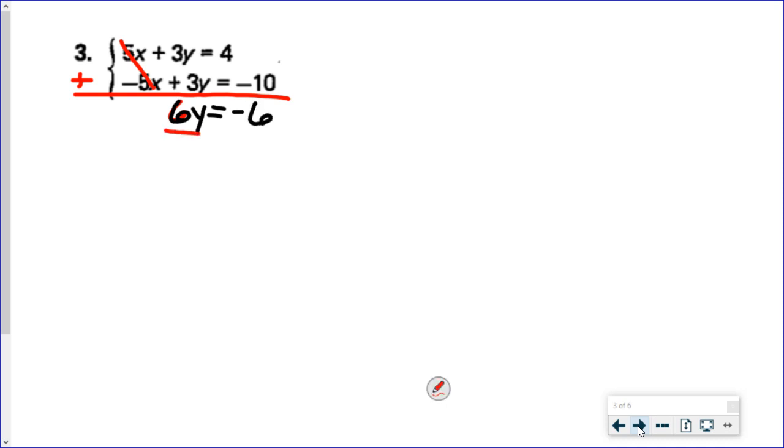And now I just solve. So that's gone. x equals negative 1. Okay. And then I choose either or. I'm just going to choose the top equation, and I'm going to substitute in negative 1 where I see x. So this is kind of the same.